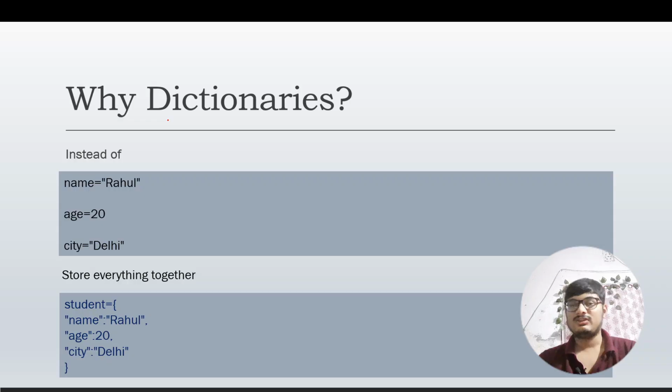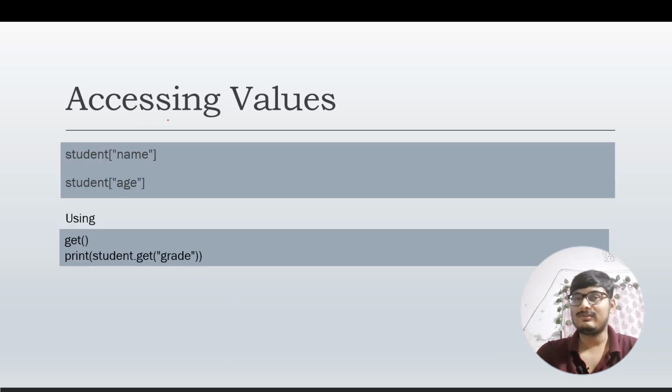Instead of doing this, you can use a dictionary, create a single variable and use key value pairs to store all those things. This will be more convenient, easier, and even more organized than the previous method, because all that data is present in a single variable now.